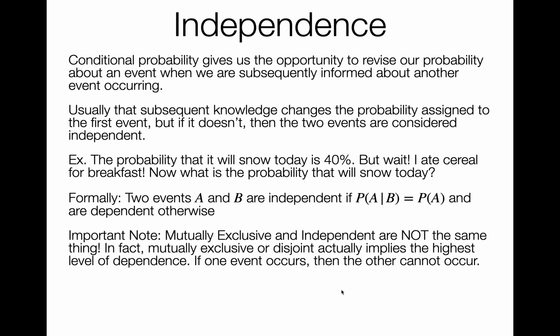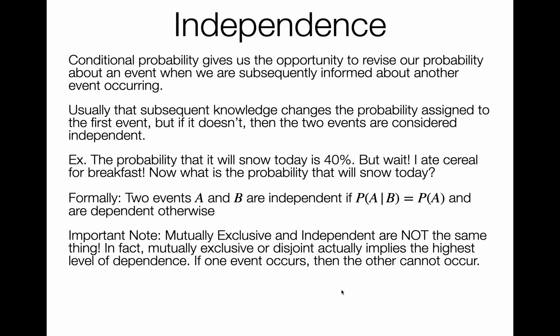And important to note, which I touched on previously but not overtly, is that mutually exclusive and independent are not the same. This is a tripping point or a stumbling point for a lot of students.